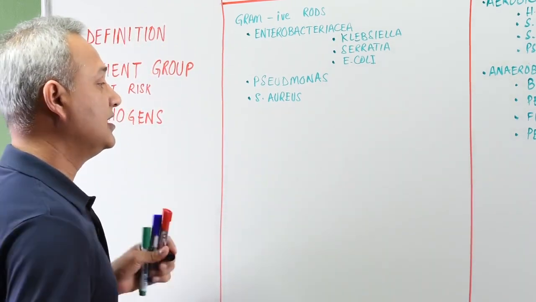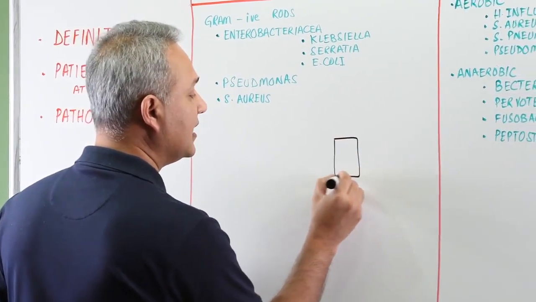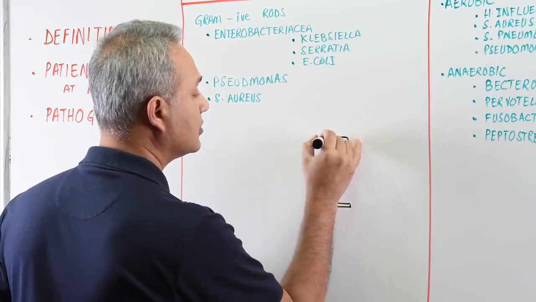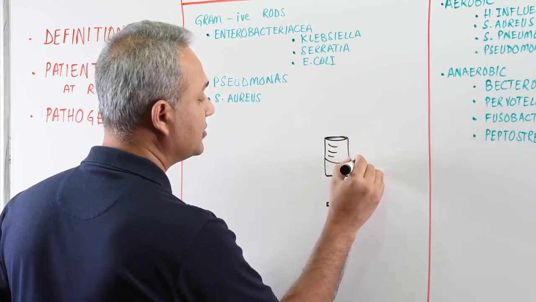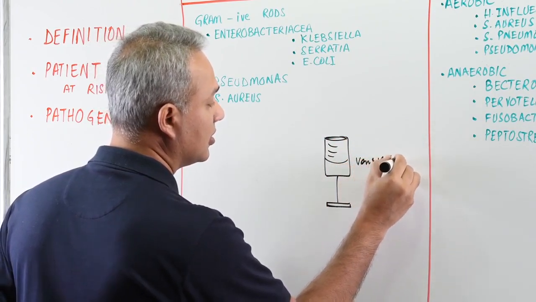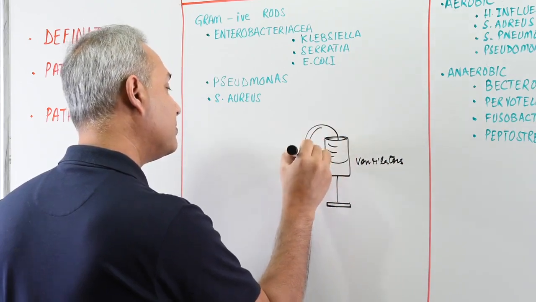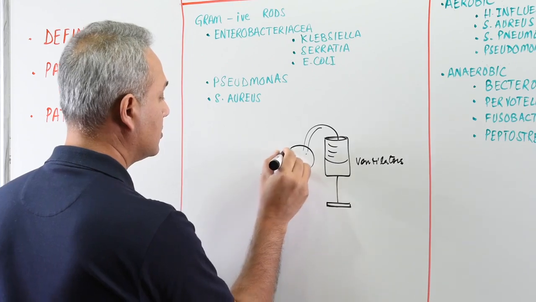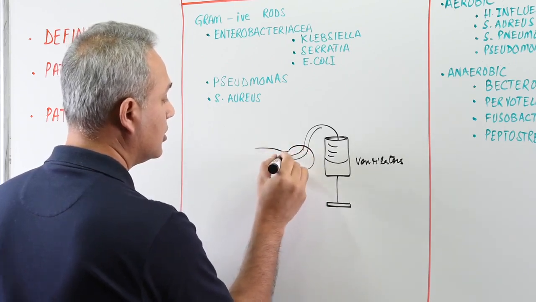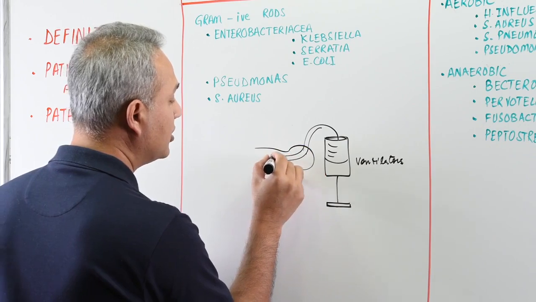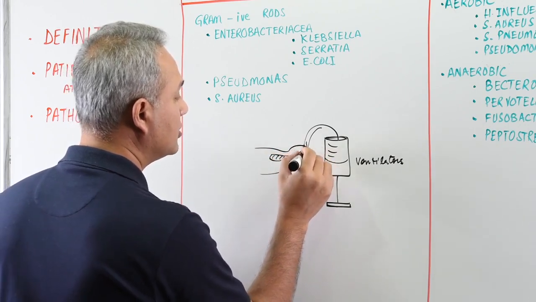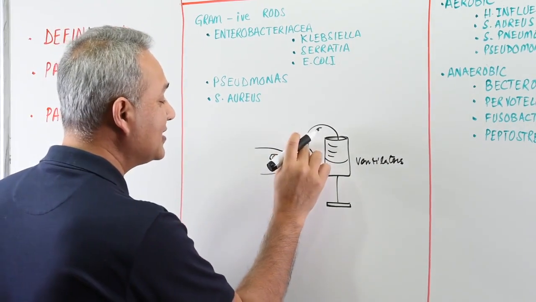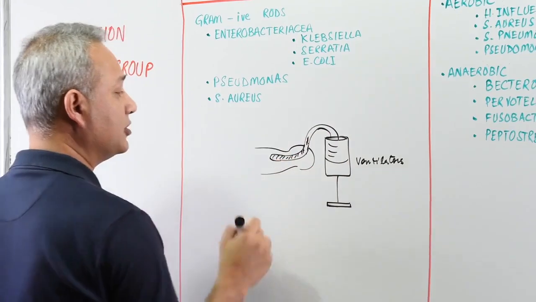Now, in the hospitals, there is a special case, and that is the patients who are on ventilators. The ventilator tube can actually become the source of the pneumonia as well.